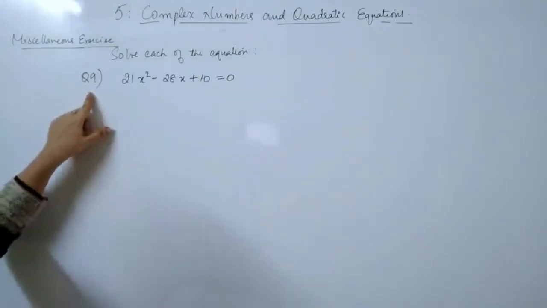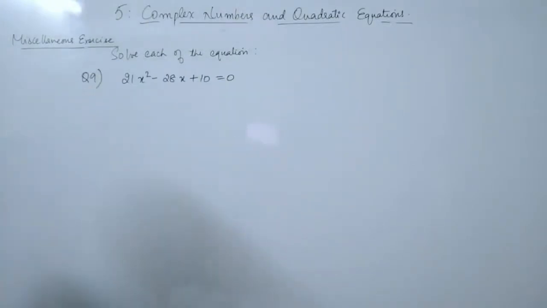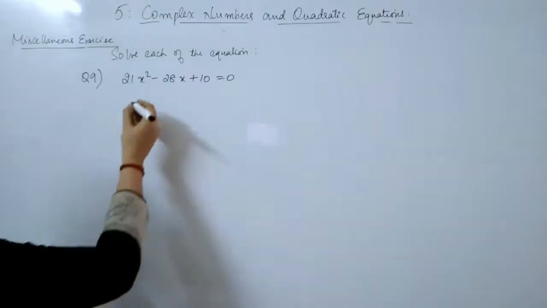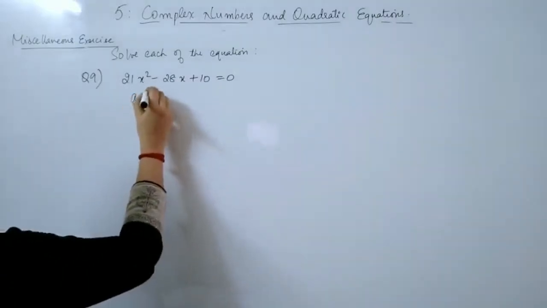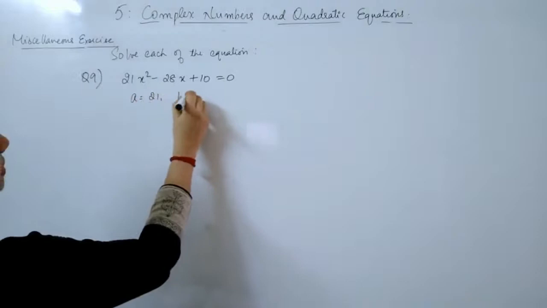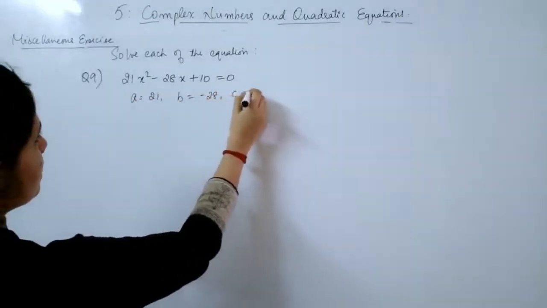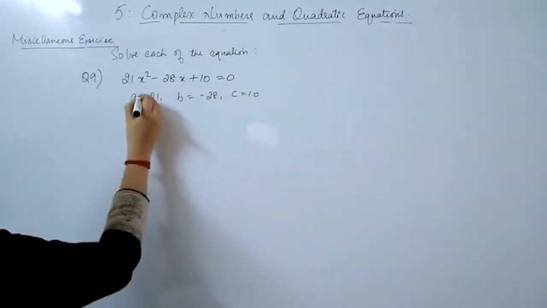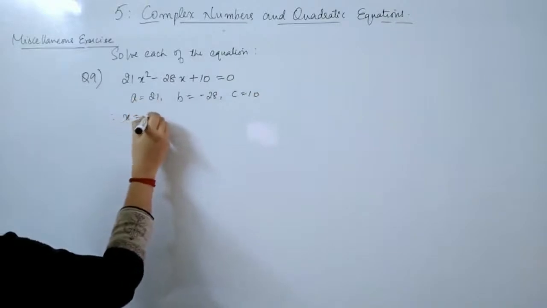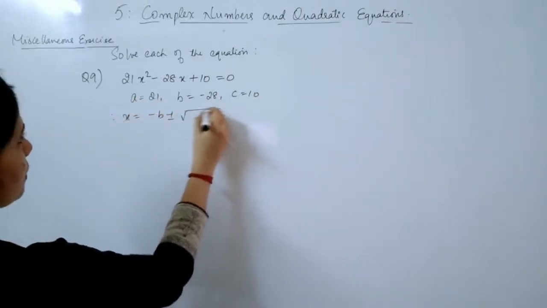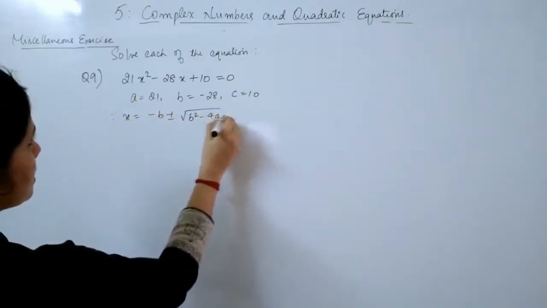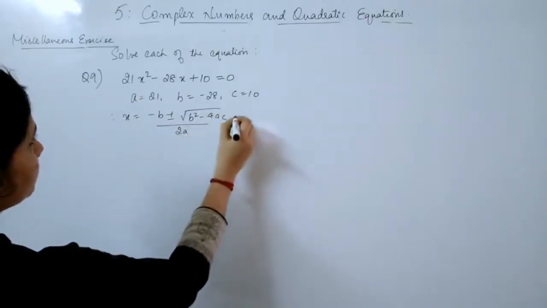Question number 9 is 21x square minus 28x plus 10 equal to 0. So comparing with the quadratic equation, you will get a as 21, b as minus 28 and c as 10. So that your x is minus b plus or minus root of b square minus 4ac by 2a.